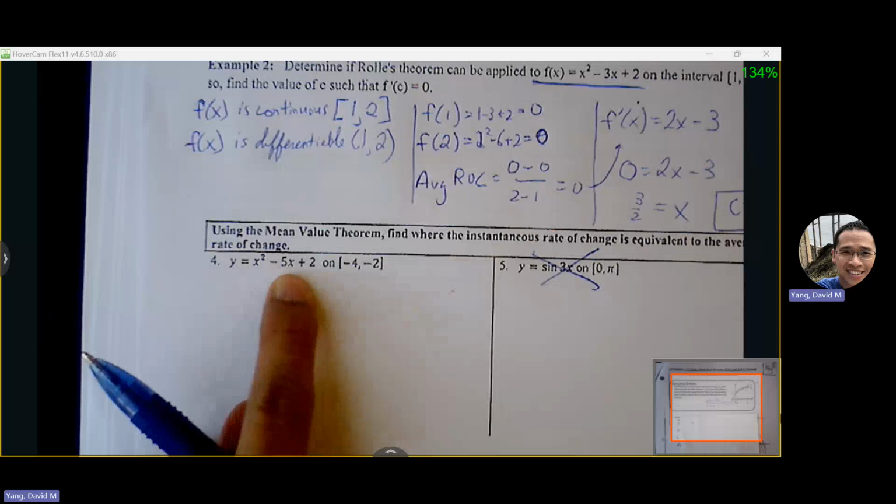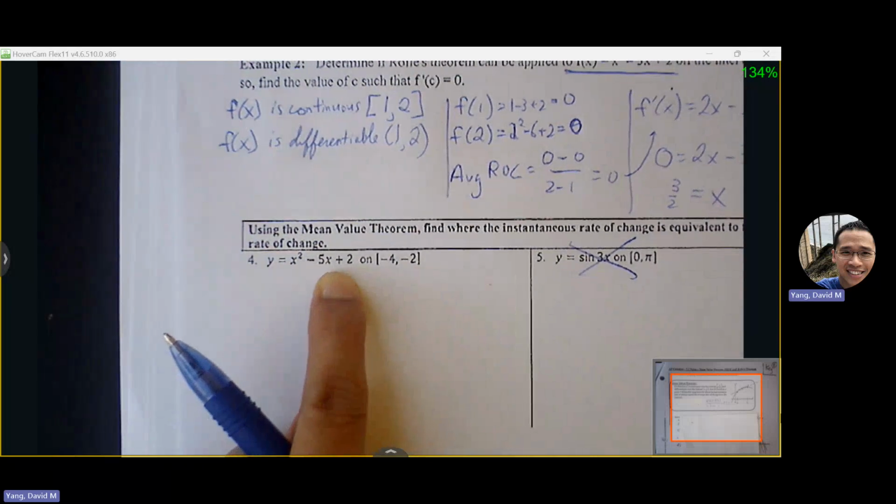But first things first, do we have any issues with our conditions? Are the conditions good to go? Yes, right. So polynomial, continuous, and differentiable. So we want to make sure we state those out. So let's do that.